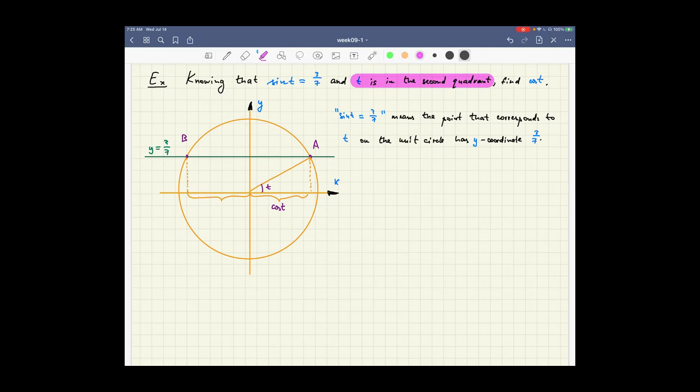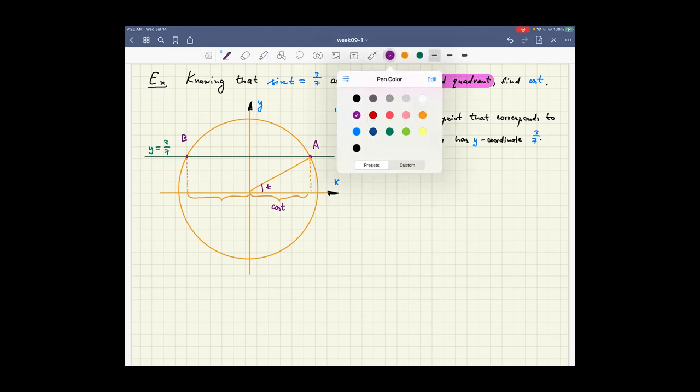Without knowing that t is in the second quadrant, we wouldn't know which point to choose. We don't need point A, so we ignore point A.